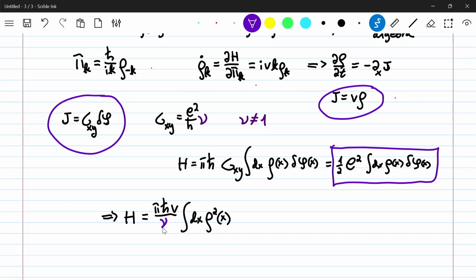There's only one variable, the density of the collective fluid, and at first sight it looks like it's not a big deal. So what did we change by putting nu not equal to 1? Just a prefactor, a constant prefactor.